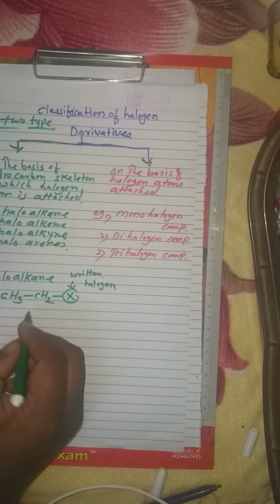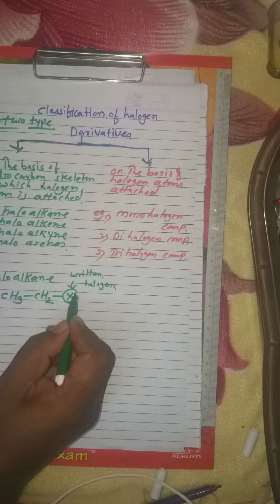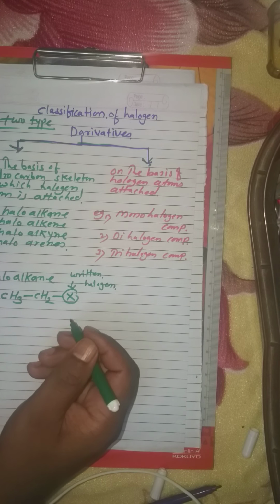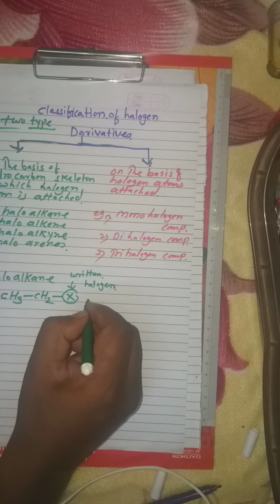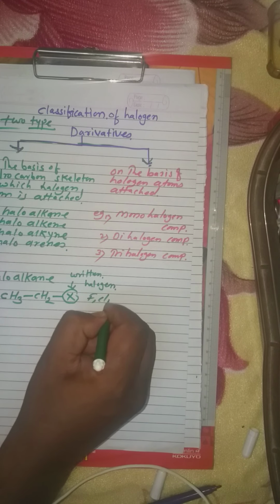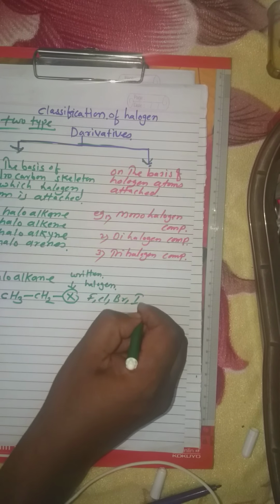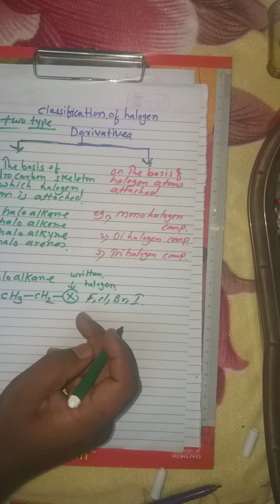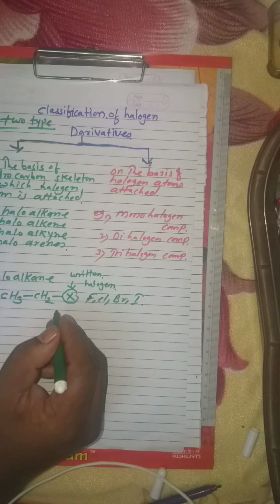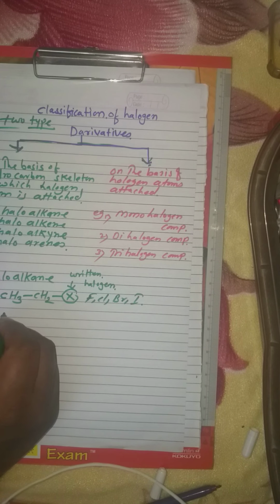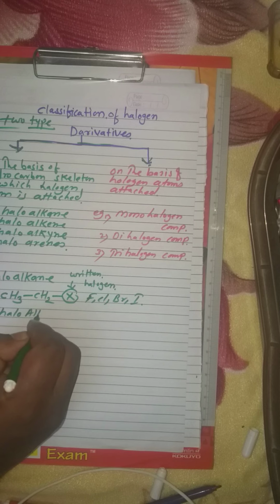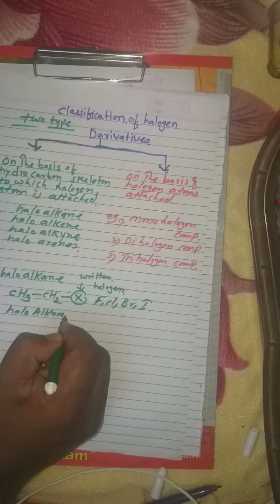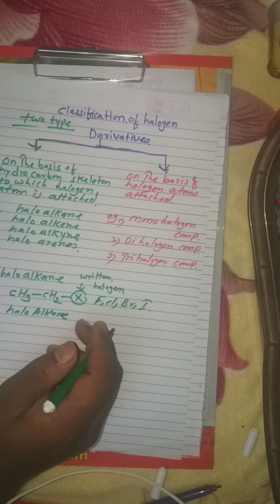First example is what? CH3 CH2 X. X means what? Any of the halogens which we can use: fluorine, chlorine, bromine, iodine. Now any one of from these four we can use. Now the name of this compound should be haloalkane.